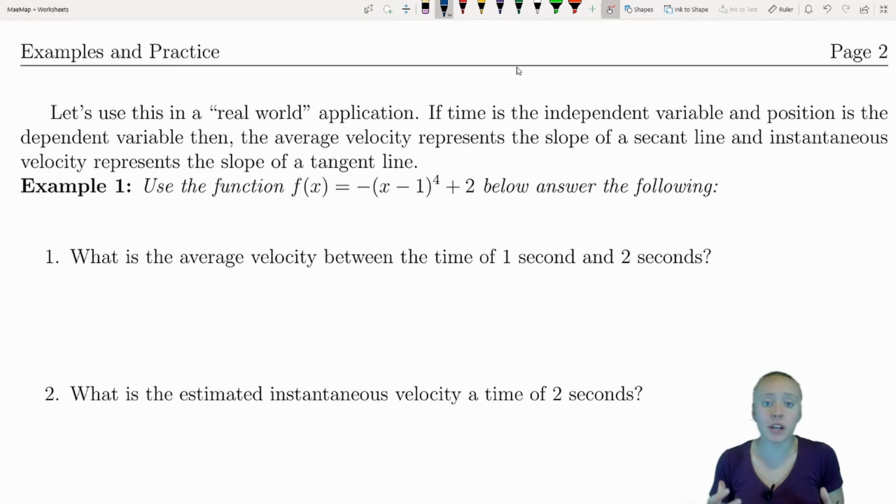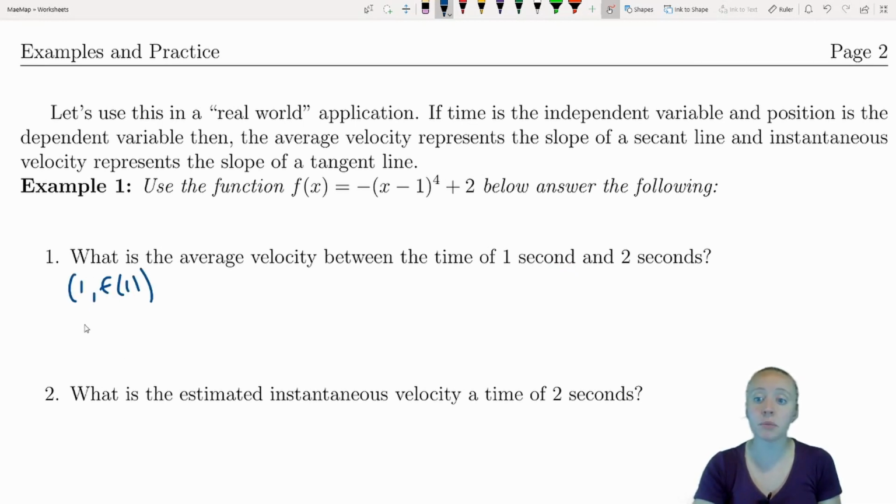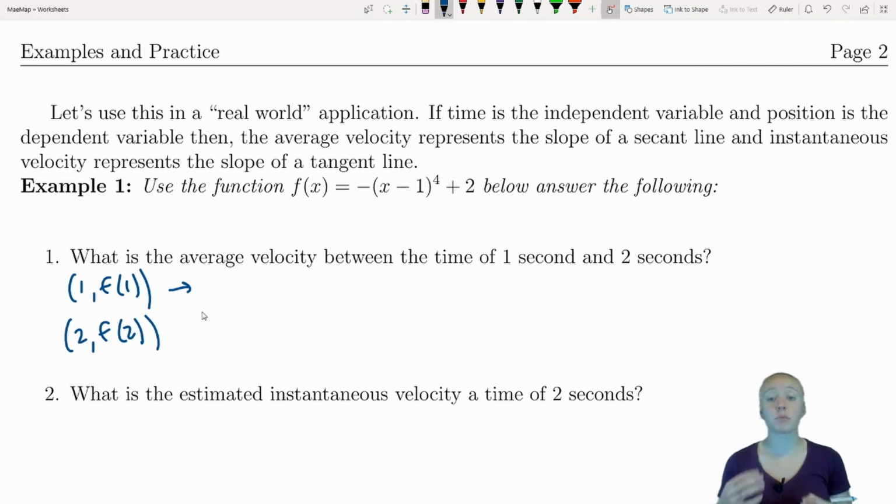So all we need to do is find slope. And in order to calculate slope, we need 2 points. We know we're going to use 1 for x and 2 for x. So we're going to need to calculate f of 1, and then f of 2. In order to calculate f of 1, we're plugging 1 in for x. That's going to give us our y value, or our function value, at the point 1.